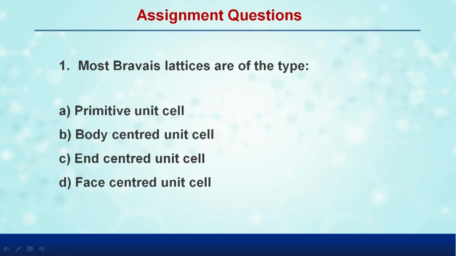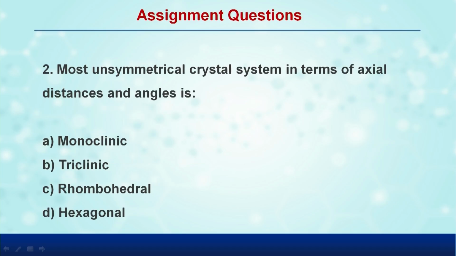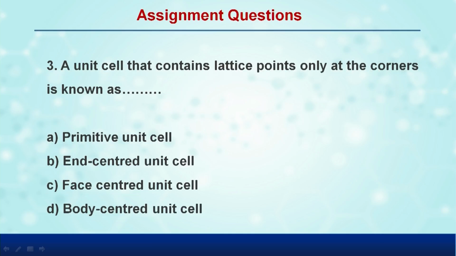The first question, most Bravais lattices are of the type option A, primitive unit cell, B, body centered unit cell, C, end centered unit cell, and D, face centered unit cell. The second question, most unsymmetrical crystal system in terms of axial distances and angles, monoclinic, triclinic, rhombohedral, and hexagonal.